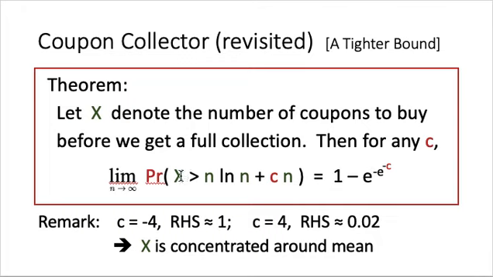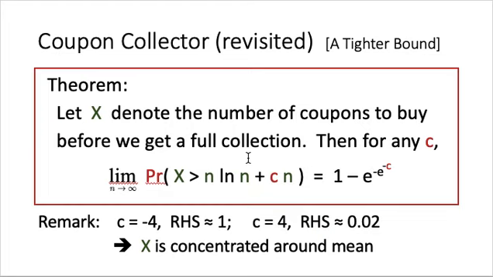It means that X will be bounded by n log n minus 4n and n log n plus 4n with high probability. Most of the probability is concentrated for X within n log n plus or minus 4n.